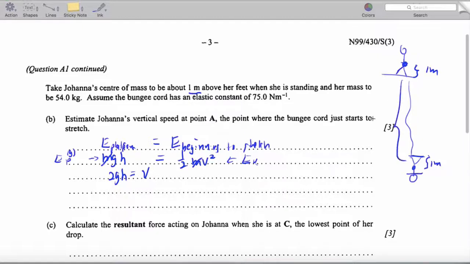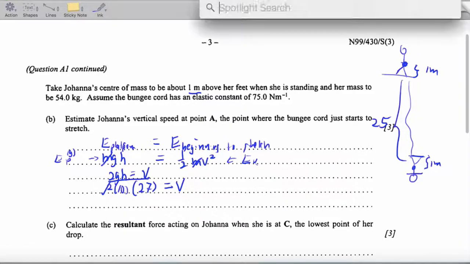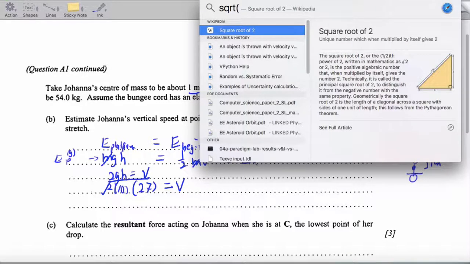So this distance here is 25. This is so annoying. So v is the square root of 2gh, and h is going to be 2 times 10 times 27. You need the 25 you fall plus these extra 2 meters, which is just a stupid gotcha question. I can't believe they would do that.